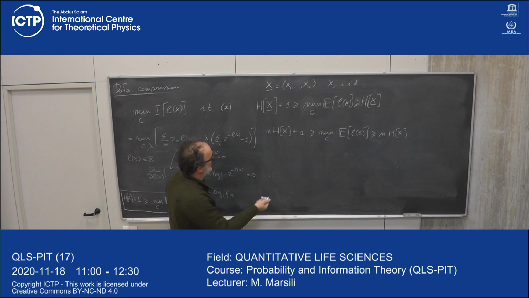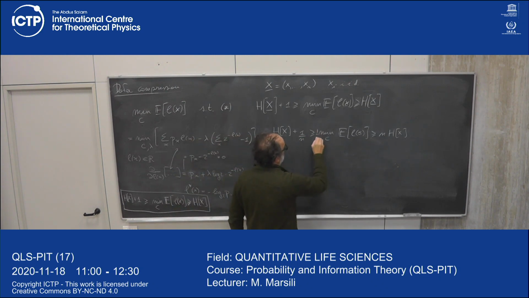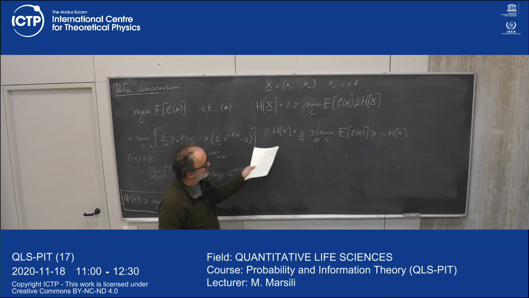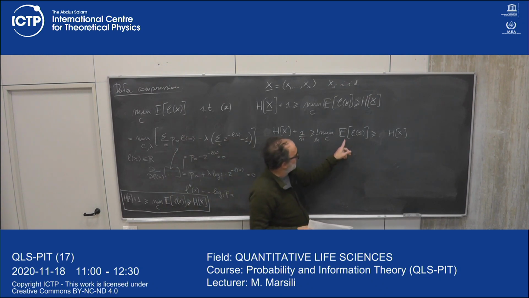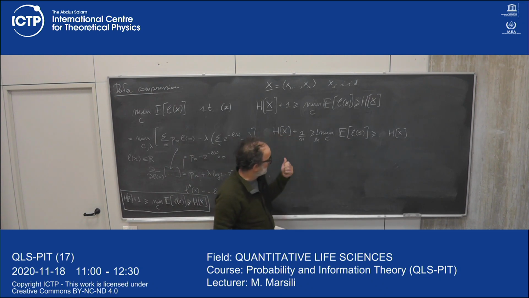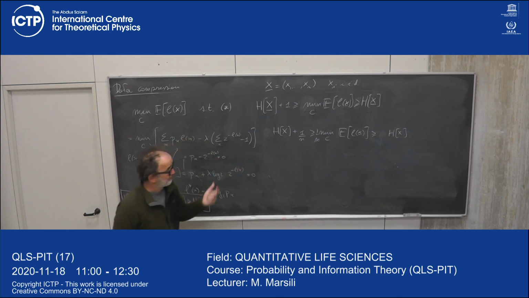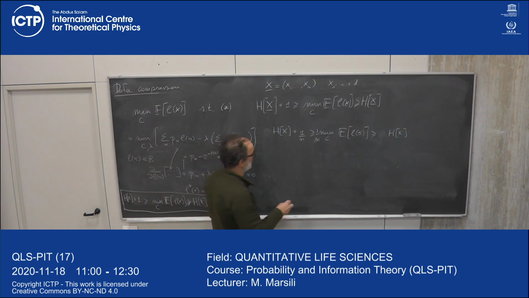And now if I divide by n, then what one can show is that for n going to infinity, the minimal length of the code words per character, or bits per character that I need, is essentially equal to the entropy, and this is the same statement as Shannon's theorem.